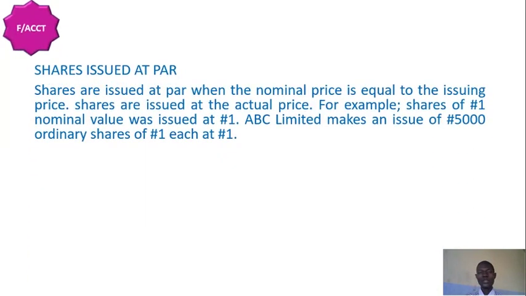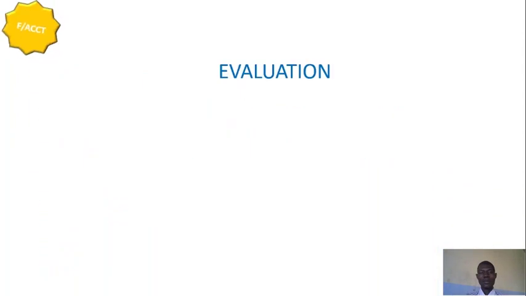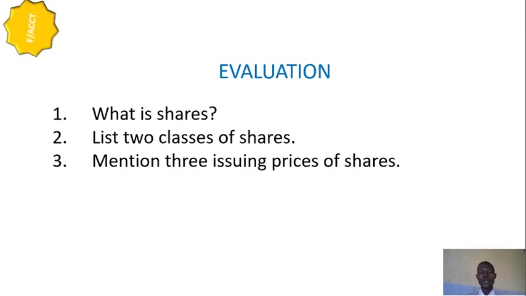Then we mentioned the issuing prices. We mentioned three issuing prices. One, shares issued at par. Two, shares issued at premium. Three, shares issued at discount.